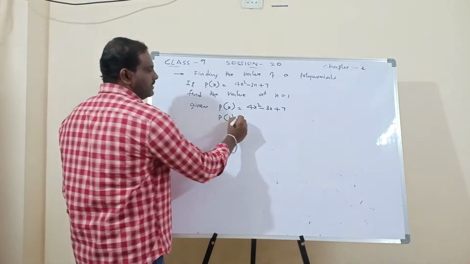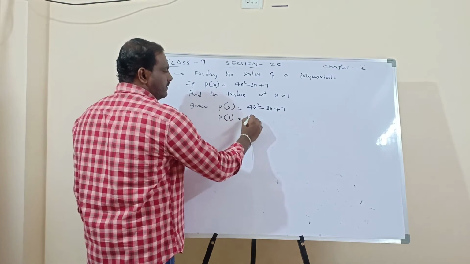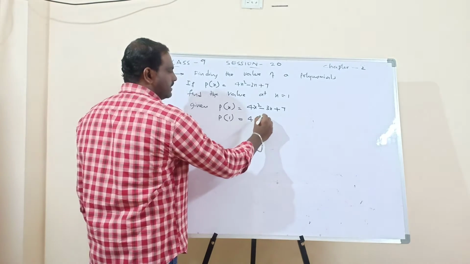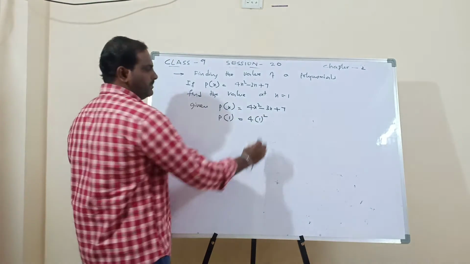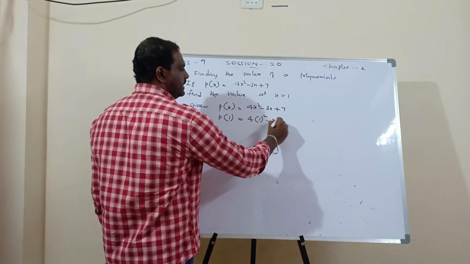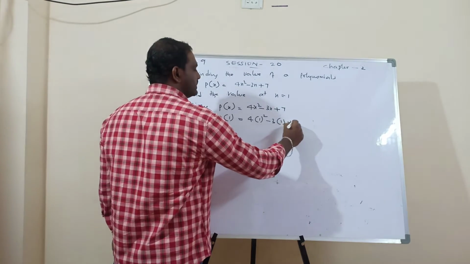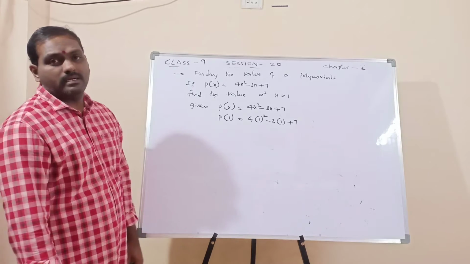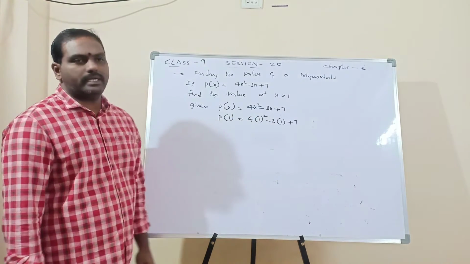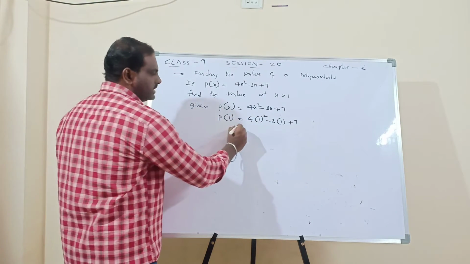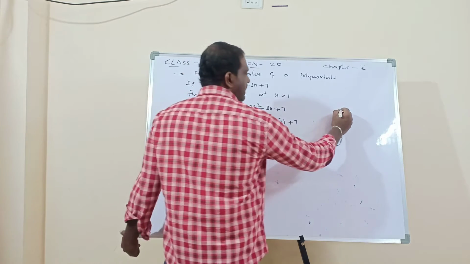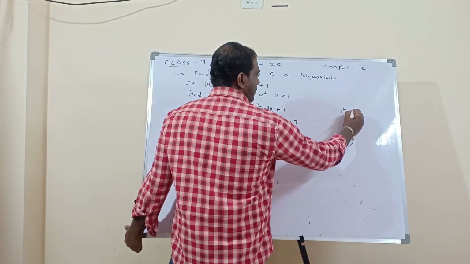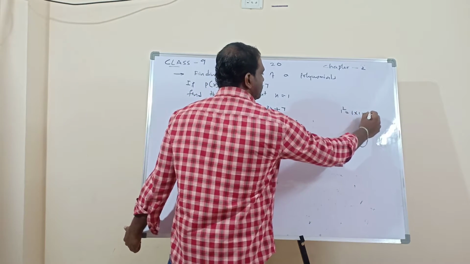P of 1 is 4 into 1 square minus 3 into 1 plus 7. 4x square means 4 into x square, and 3x means 3 into x. Now what is the value of 1 square? 1 square is nothing but 1 into 1, so the answer is 1 only.